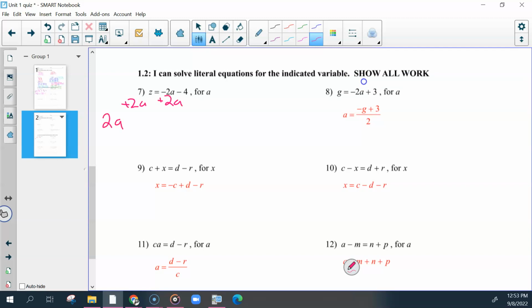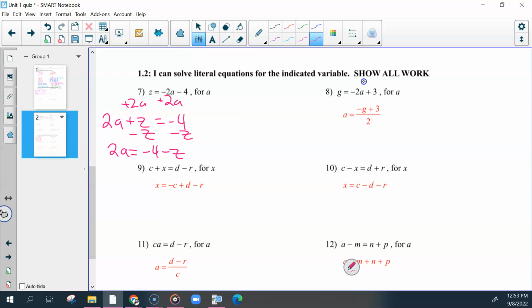We have 2a plus z equals negative 4. Get rid of z by subtracting. So now when I divide, it won't be by a negative.